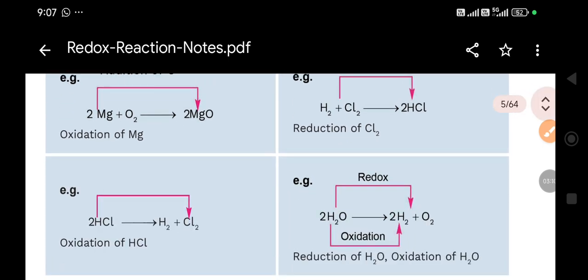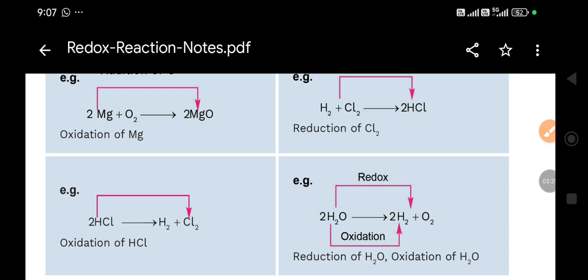One more example, HCl. Oxidation of HCl is taking place. How?